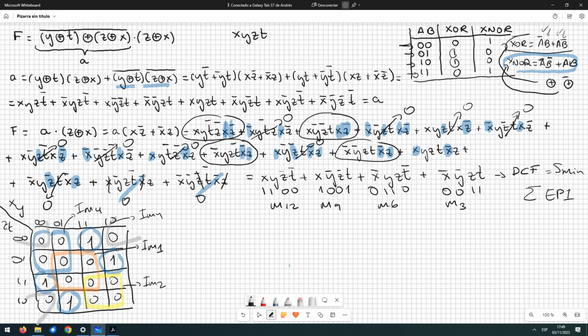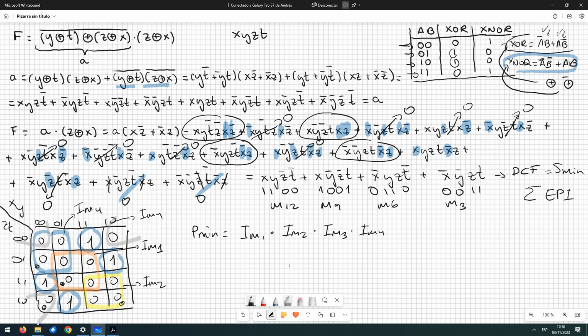I think that all of them are essential. Yes, all of them are essential prime implicates. So they are going to cover all the function. So the minimum product is going to be the product of all the implicates, because they are essential prime implicates.